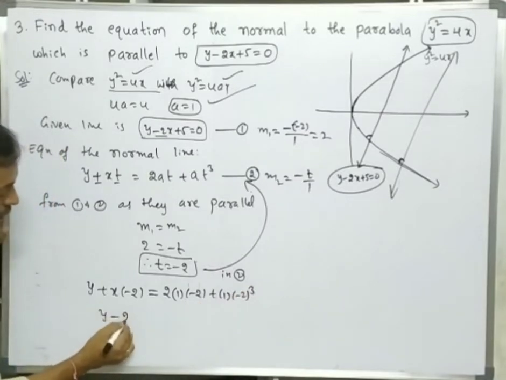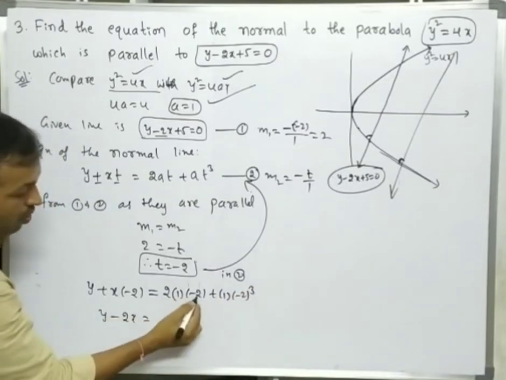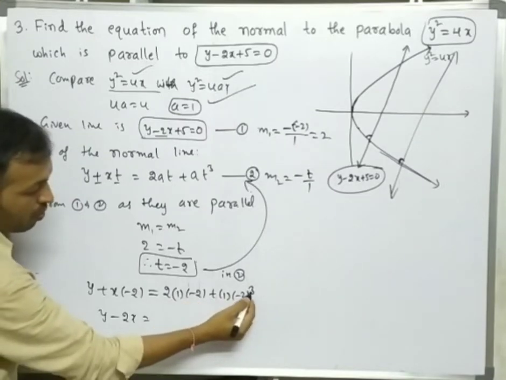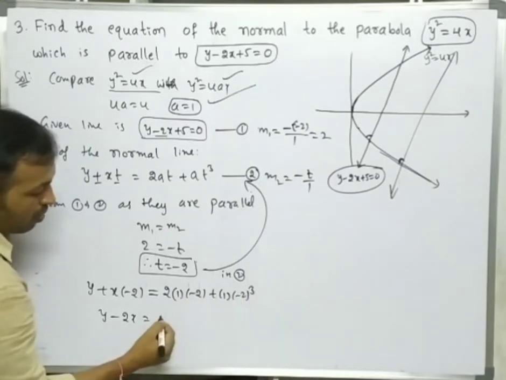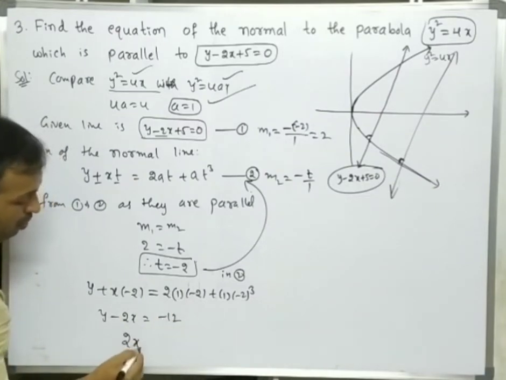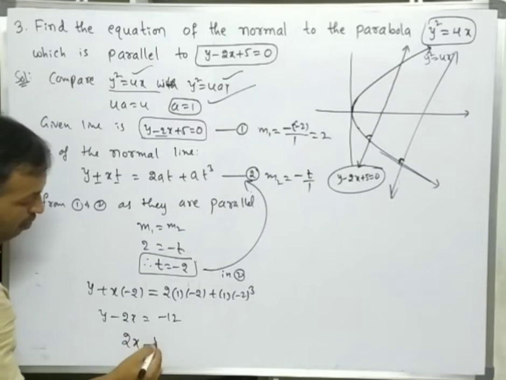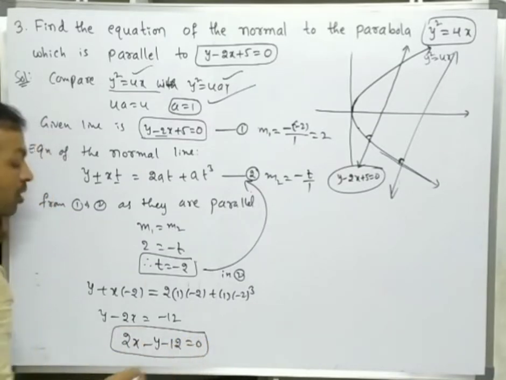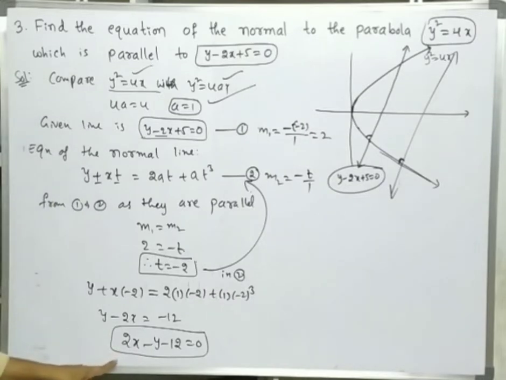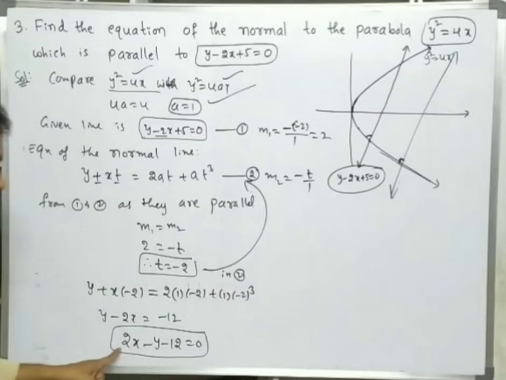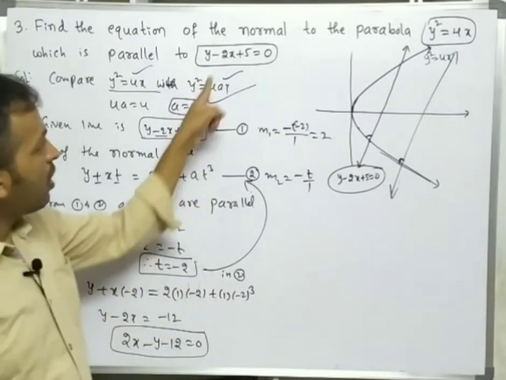So y minus 2x is equal to minus 4 minus 8, that is minus 12. Bring all terms to the right side: plus 2x minus y minus 12 is equal to 0. So this is the required normal line, which is parallel to the given line.